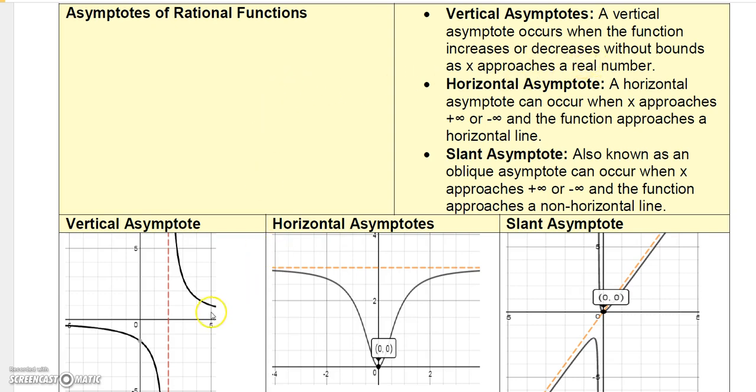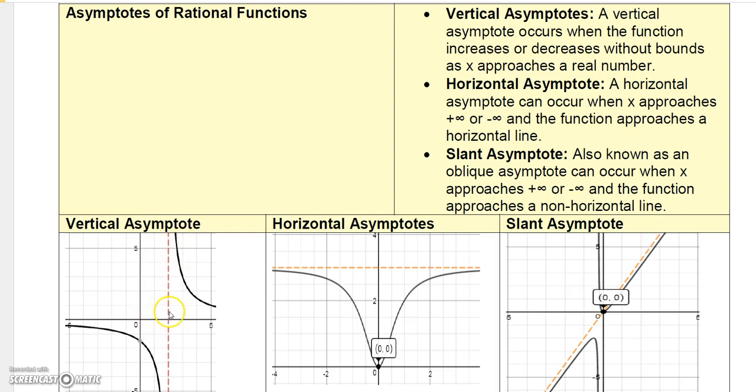So an example of that, if you take a look at this function here, notice that as x gets closer and closer to this vertical line, which looks like x equals 2, the graph goes farther and farther down from this side, and from the other side, the graph seems to get higher and higher.